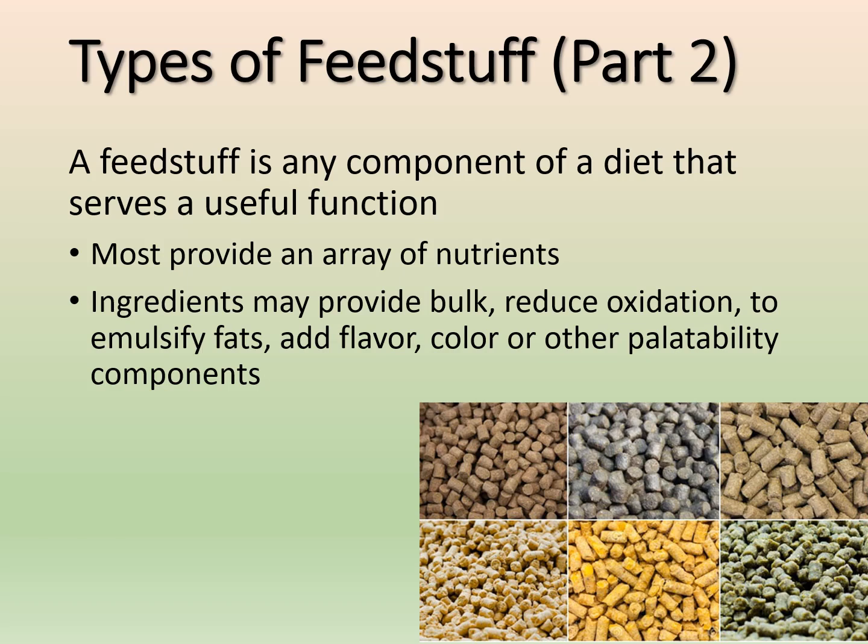These ingredients could help emulsify fats, help break down these fats in the diet, add flavor, color, or any other kind of palatability components to make this diet more palatable.